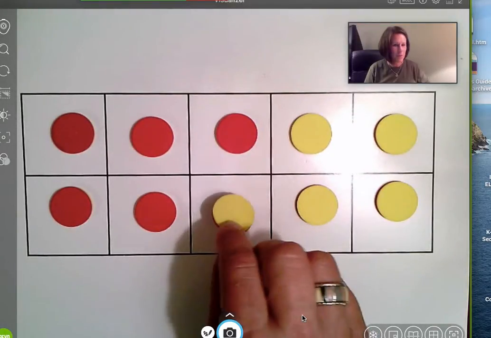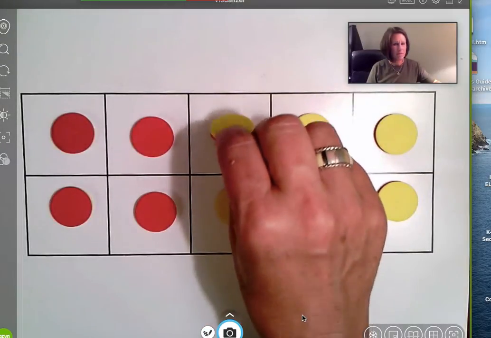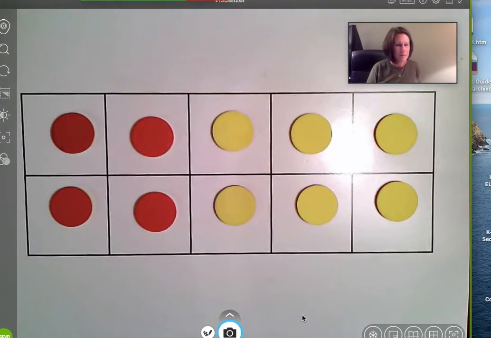I would turn one more over, and if we had 5 yellow, how many red? Now, what is another answer? You're right. 6 could be yellow, and 4 could be red.